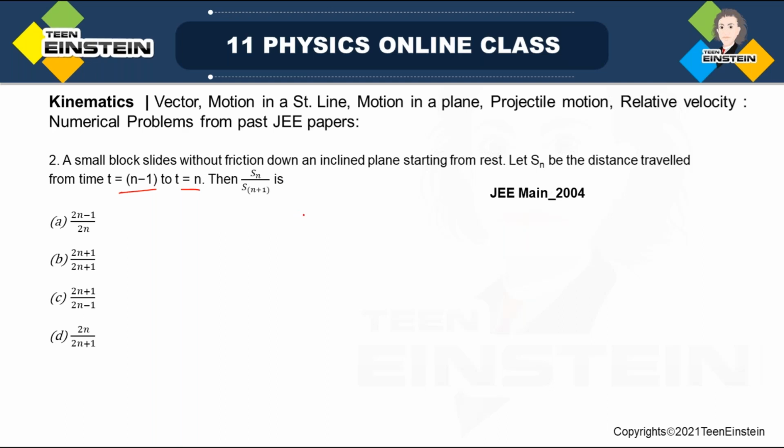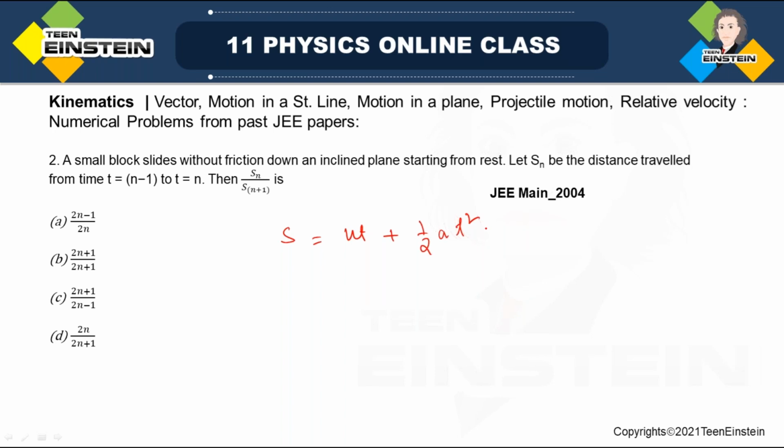So look here. Sn means the displacement or the distance traveled, as it is said here. So we know S is equal to ut plus half a t square, where t is the time.